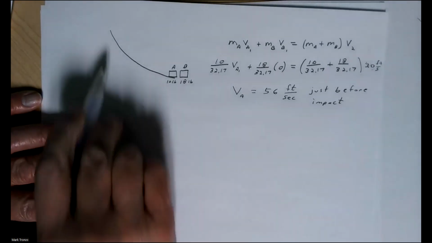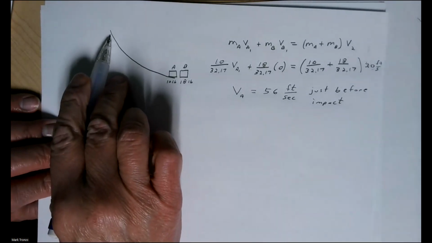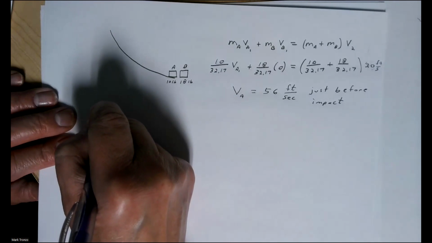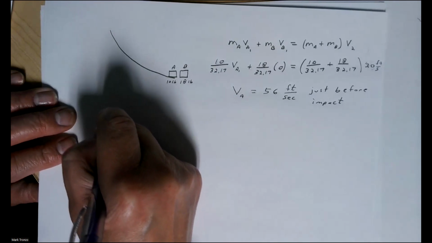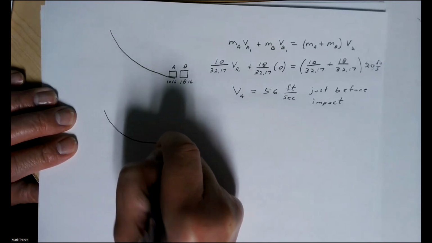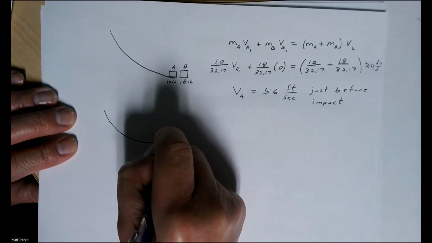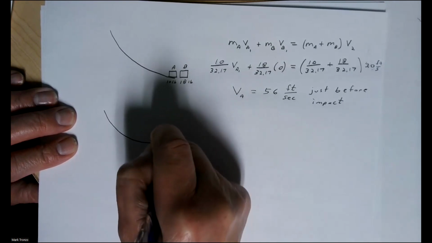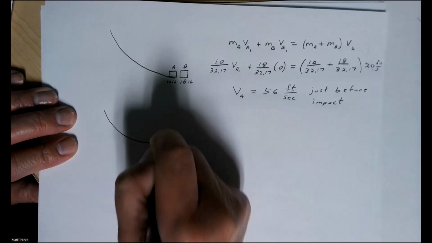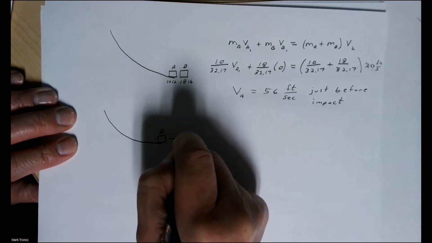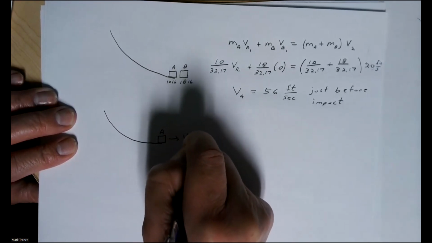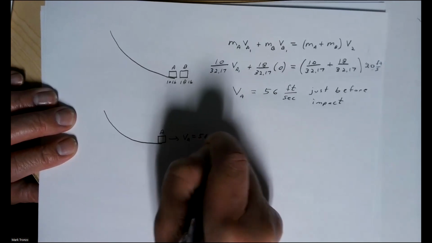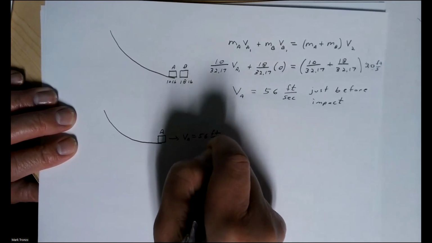But now we want to know the velocity when it was way back here at the top. So let's take a look at this. Okay, we know down here, we just found out that A had a velocity of 56 feet per second.